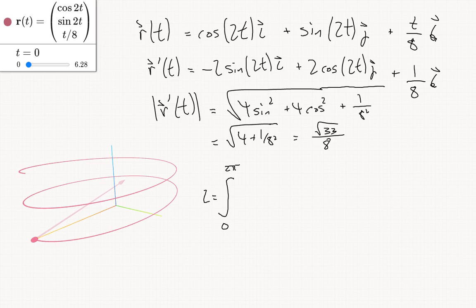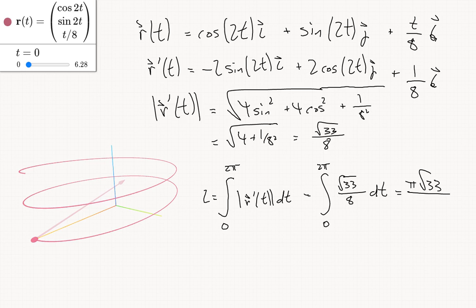This will be the integral from 0 to 2 pi of the magnitude of r prime of t dt, which is the integral from 0 to 2 pi of root 33 over 8 dt, equals pi root 33 over 4. That is the length.